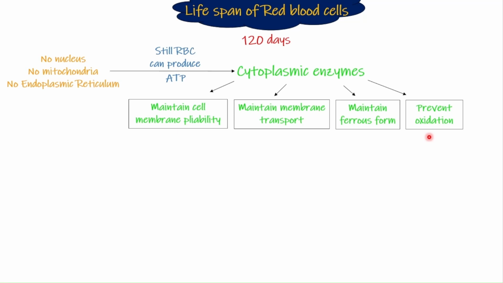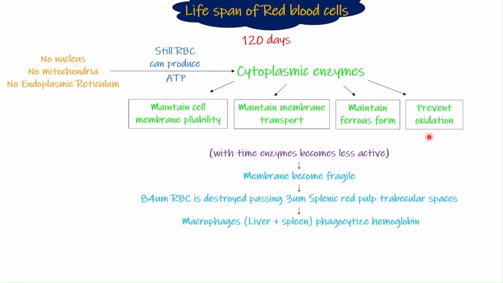Now, what will happen if these enzymes become less active? After 120 days, or with time, the enzymes which are performing these functions become less active. When they become less active, they will not be able to maintain the cell membrane pliability. The membrane will become fragile.